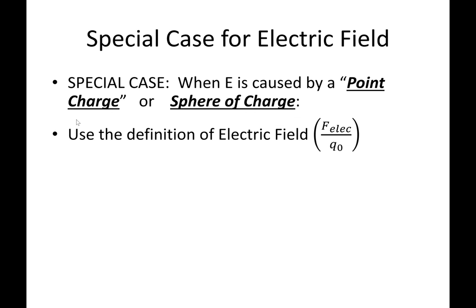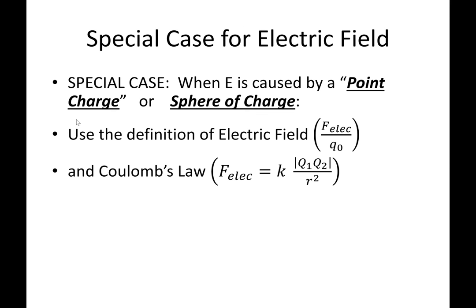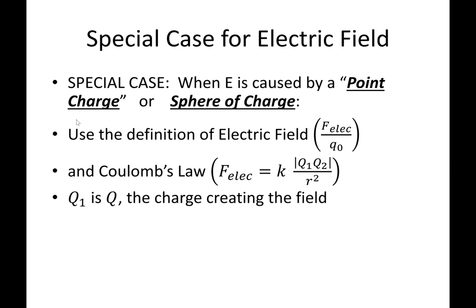And in this situation, we're going to use a combination of the definition of the electric field, which we just went over, and Coulomb's law that the electric force is equal to K times the magnitude of Q1 times the magnitude of Q2 divided by the distance between those point charges squared. And Q1 is going to be capital Q, the charge creating the field, and Q2 is going to be our test charge, Q naught.